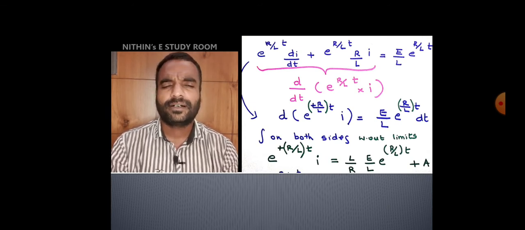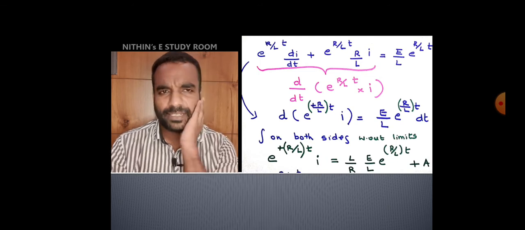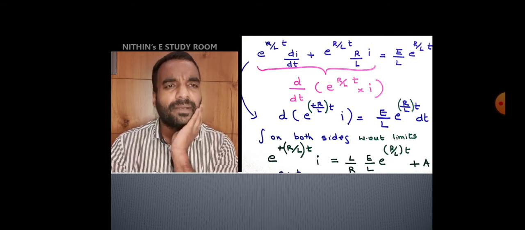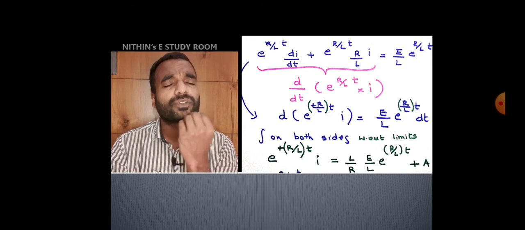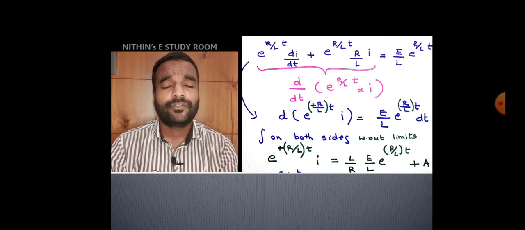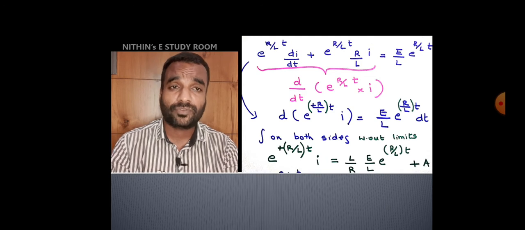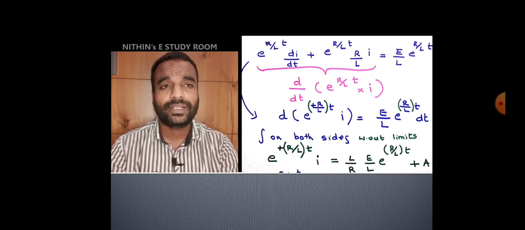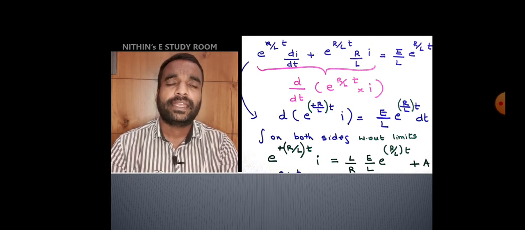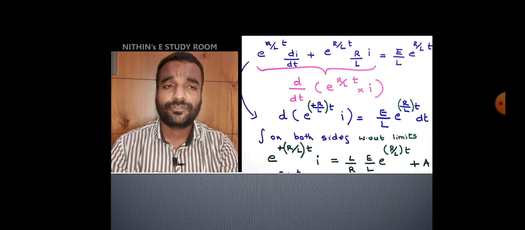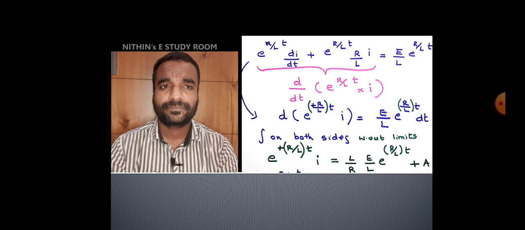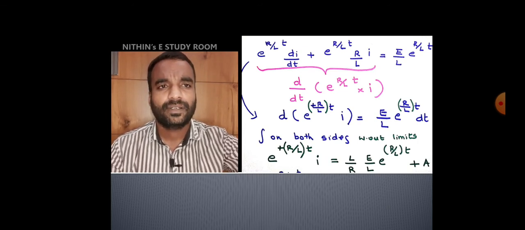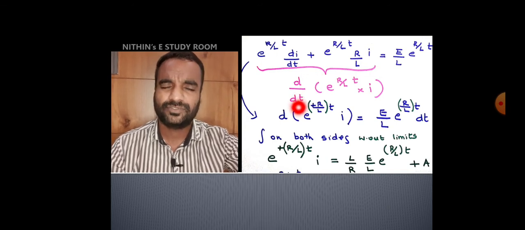I know you may have many methods for solving this, but if you want to solve it very easily, you have to apply the product rule of differentiation. If you are differentiating two variables, x into y, or x1 into x2, consider this the simplest method.